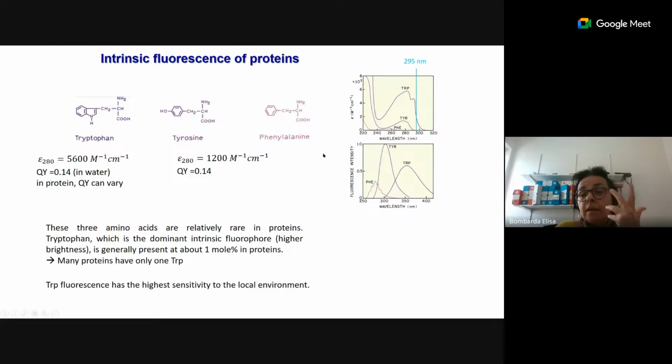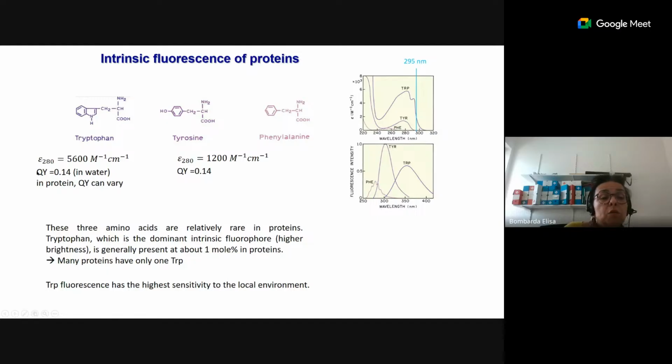So yes, many proteins are already naturally labeled because of these three natural fluorescent amino acids, in particular the tryptophan, whose fluorescence is the most sensitive to the local environment. And it has also a slightly brighter brightness.